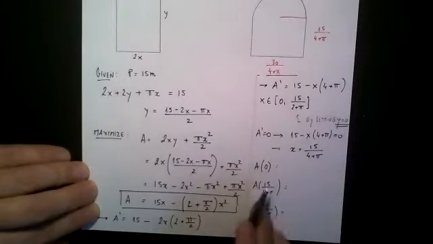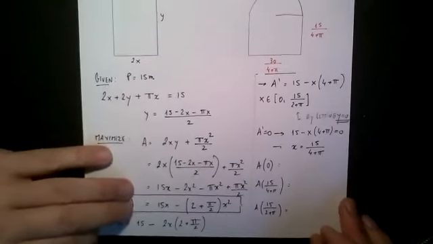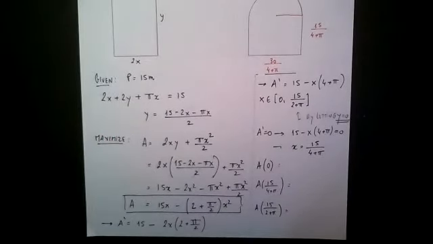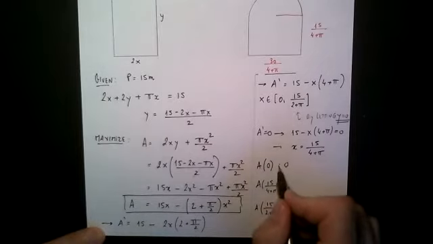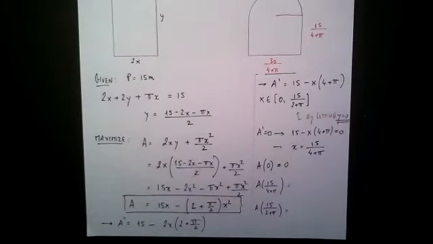And then I need to calculate which one is the highest value and which one is the lowest value. And that's how I'm going to get my answer. Okay, so if I plug in 0 here, of course, I get an area of 0. If I plug in this here into here, so what do I get?